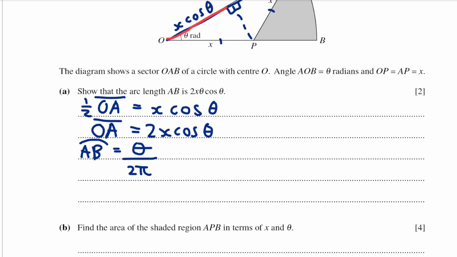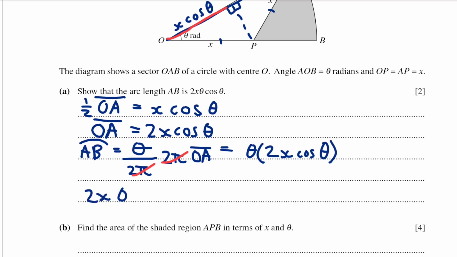Multiply this by the circumference formula, which is 2 pi r, and r in this case is the line OA, and this will just be theta times OA, because the 2 pi's cancel out, and that's how you get the radian formula for the arc length. So this will be theta times 2x times the cosine of theta, and we can just rewrite this as 2x times theta times the cosine of theta.